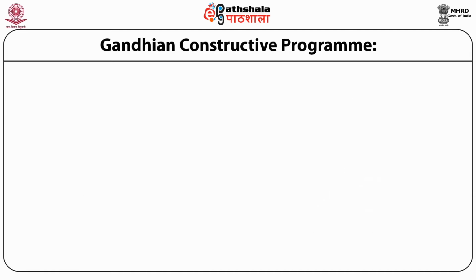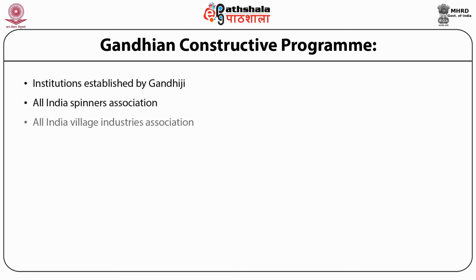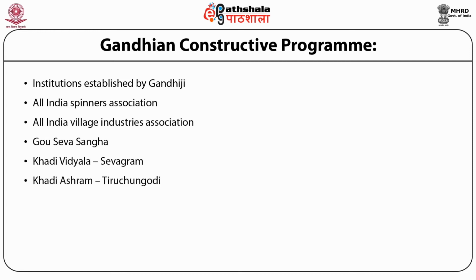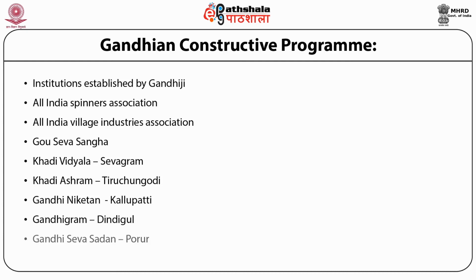Gandhiji established various institutions throughout the country to emphasize the involvement of grassroots level people in the production process. I will be giving you a few names of the institutions in different parts of the country: All India Spinners Association, All India Village Industries Association, Go Seva Sangh, Khadi Vidyalay in Sevagram, Khadi Ashram in Tiruchigondi, Gandhi Niketan in Kallupatti, Gandhi Gram in Dindigal, Gandhi Seva Sadan in Porur, and Kasturba Ashram in Trichur.